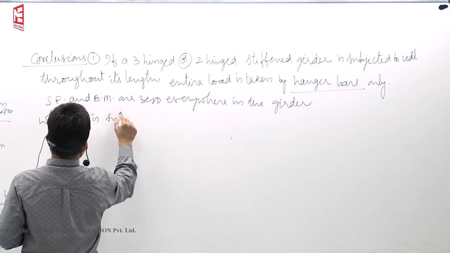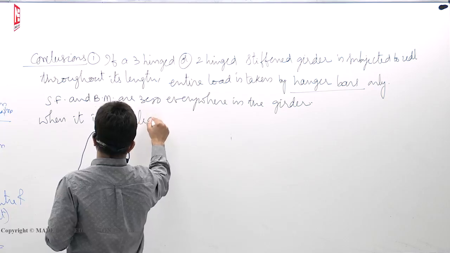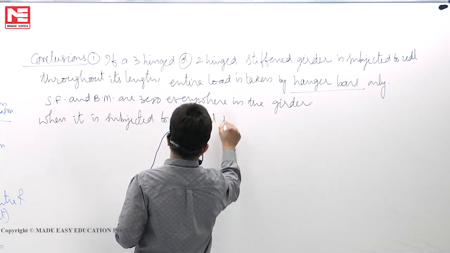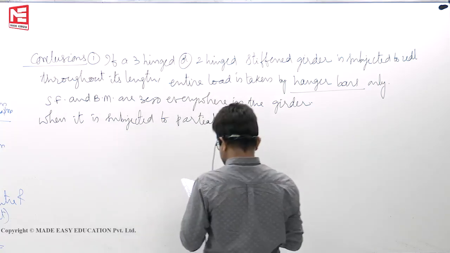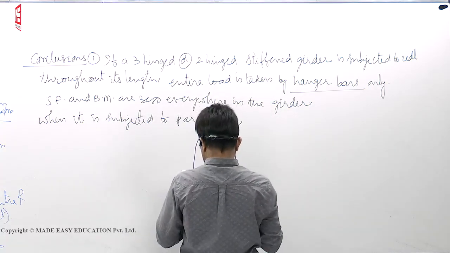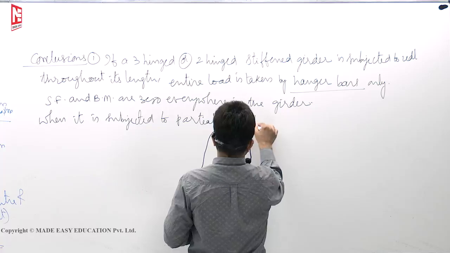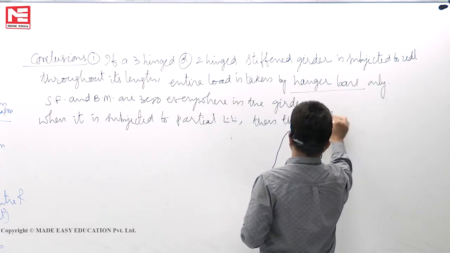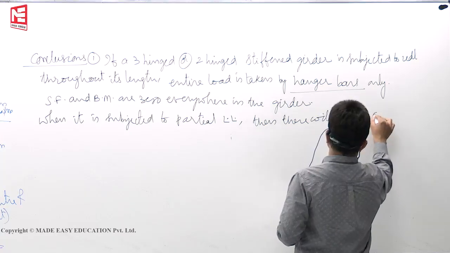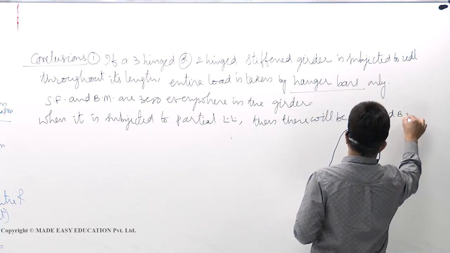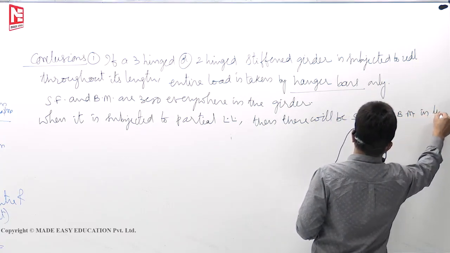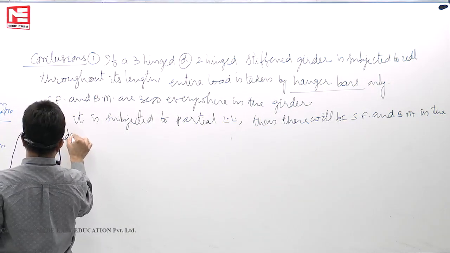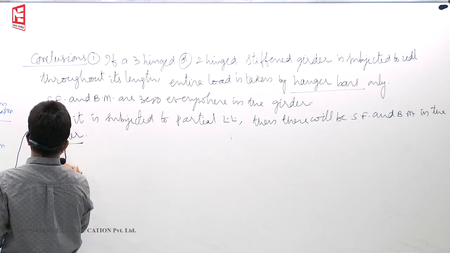When it is subjected to partial live load, LL meaning live load, then there will be shear force and bending moment in the girder. That is the first thing.